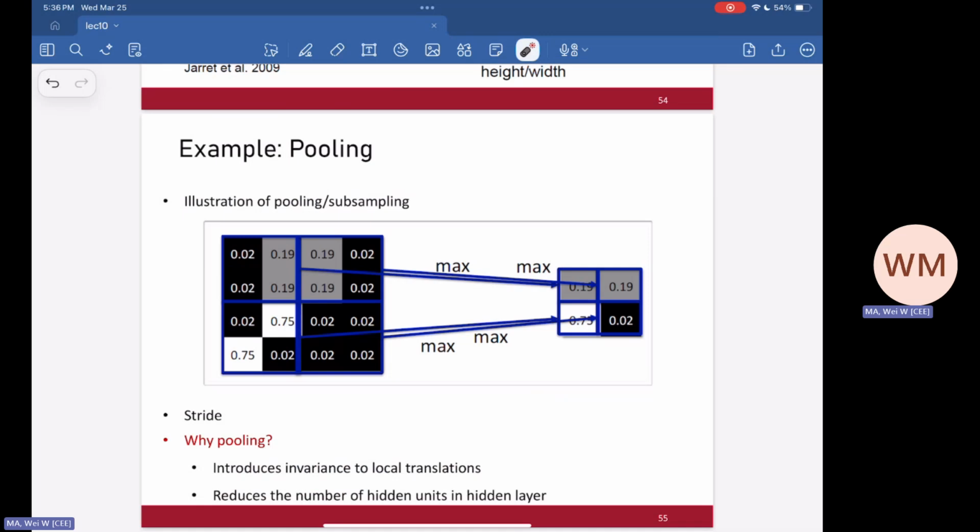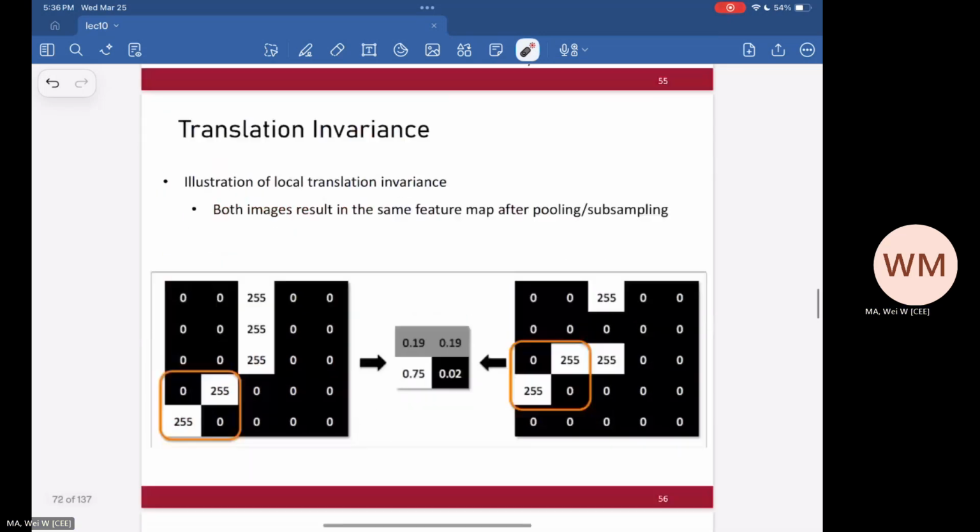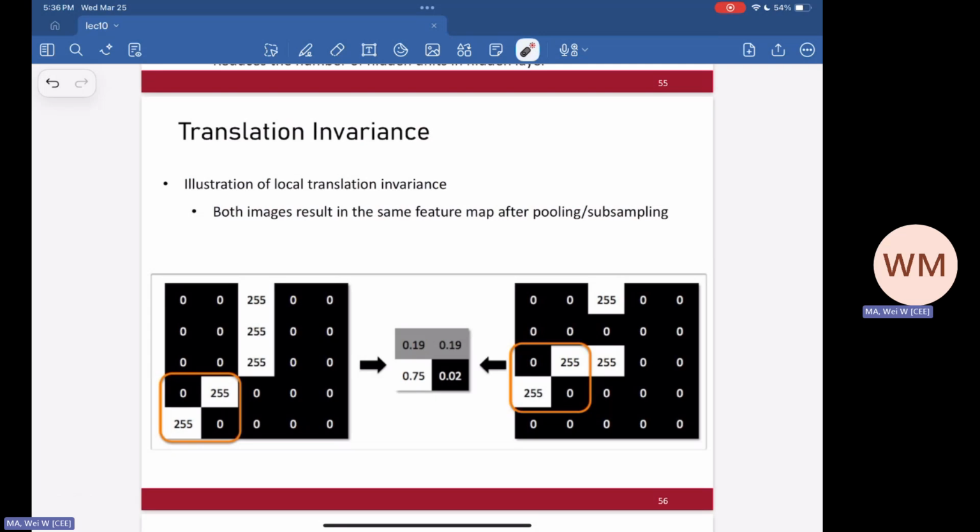So this tolerates some local change. Also, this reduces the neural network size. For example, if your image shifts by 1 pixel, and you are doing the down sampling, the pooling gives you the same result.